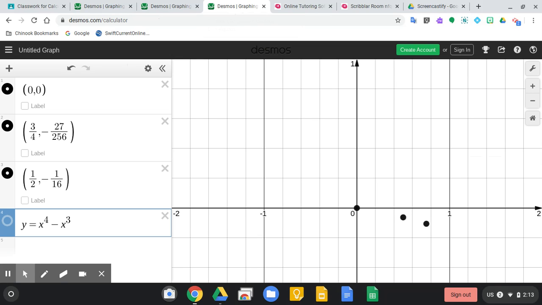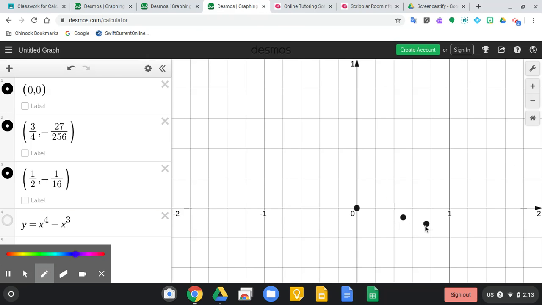So if I go in here and use my pen to draw, this was a minimum. So we said this had to be a concave up section. This was an inflection point, so it has to change. So I'm looking at this as a concave down section. That would be my concave down section. But here, it changed again to concave up.